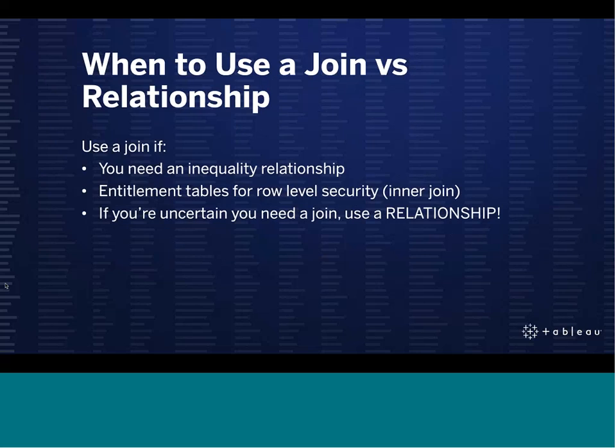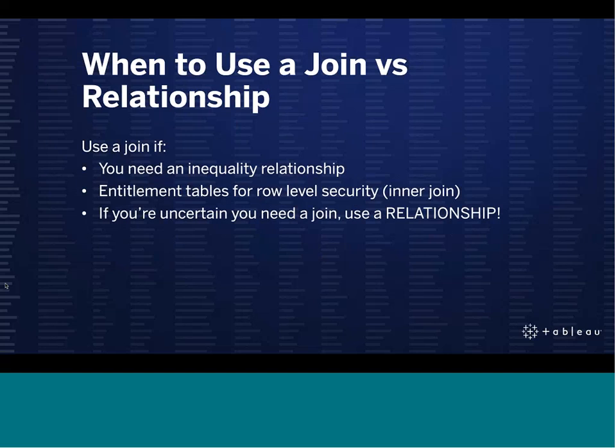So there are a couple of cases where you may still want to use joins. And remember, joins are still available, and you will still be able to set the join type that you need in situations such as inequality, where, for instance, you might be joining on a date field and you want to do greater than, less than to limit the range of data that comes back.